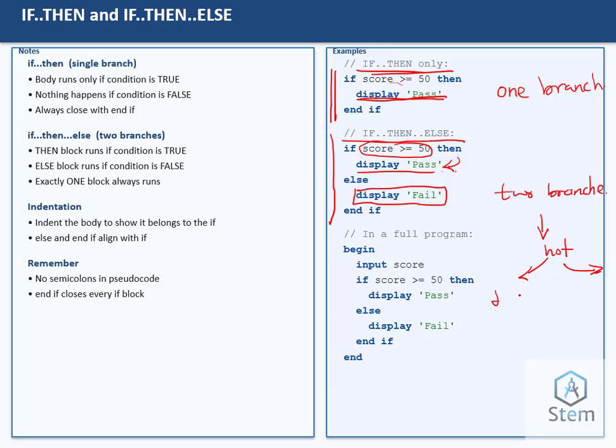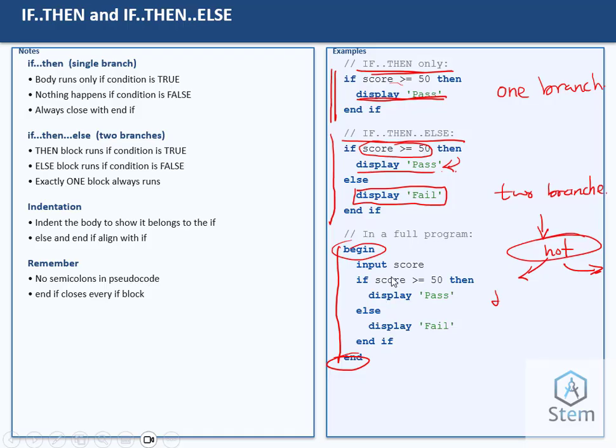There are two things which you can potentially do based on some condition. All right, I'm going to let you have a look at this. We just added the begin and the end to make it valid pseudocode, which is a standalone program.